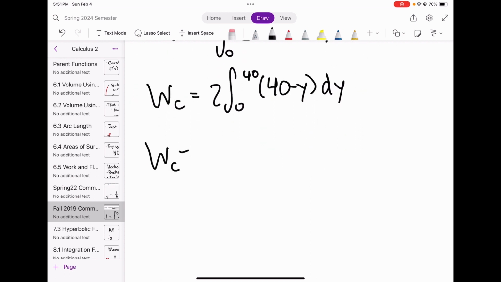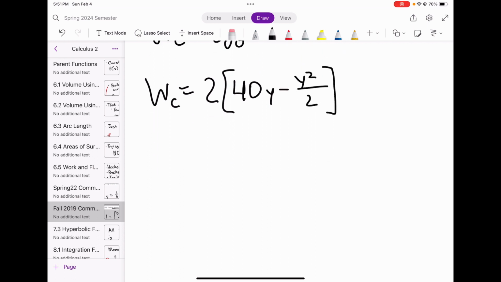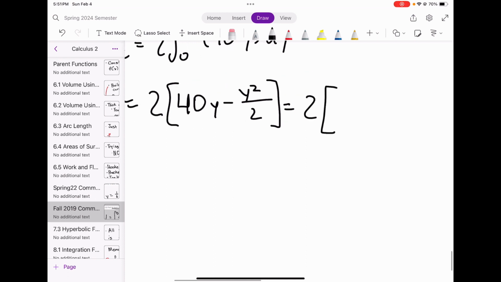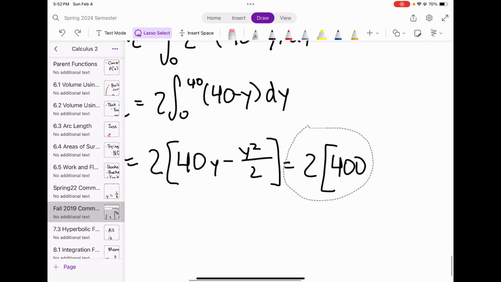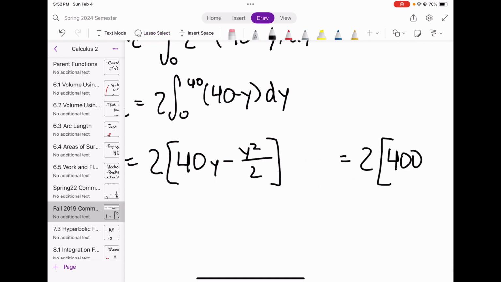So W_C, the work due to the cable, is equal to 2 times 40y minus y squared over 2, evaluated between 40 and 0.